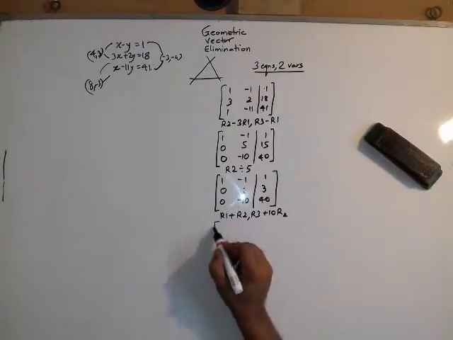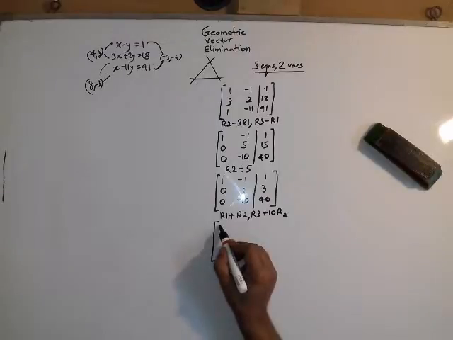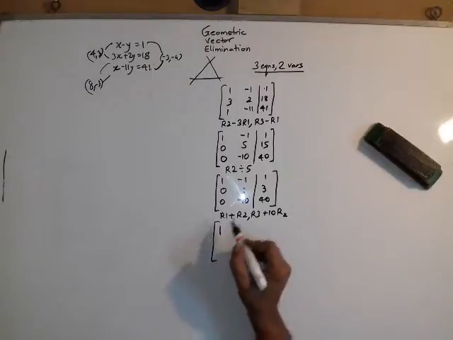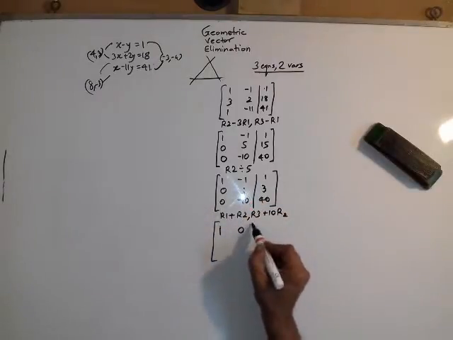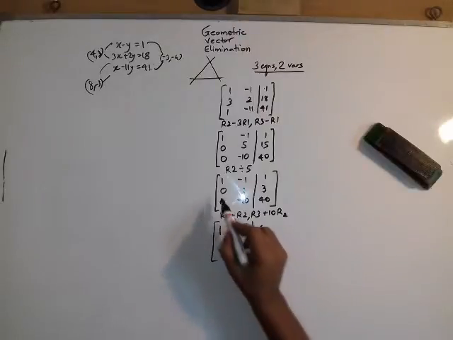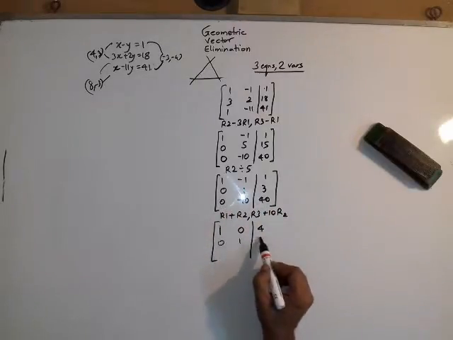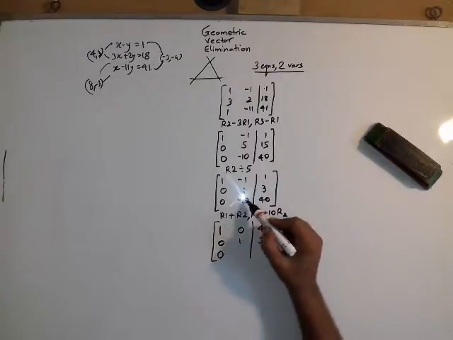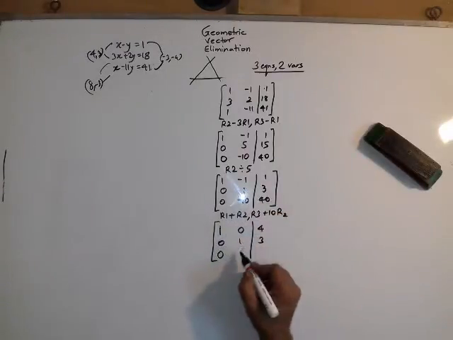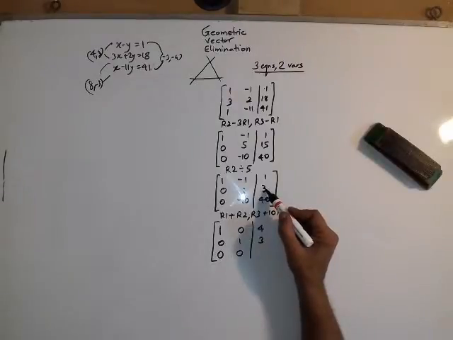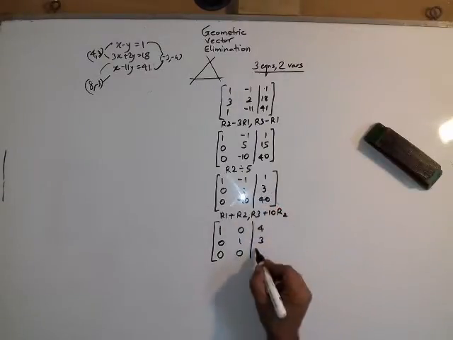Okay, so that takes me to R1 plus R2, we still end up with 1 here, minus 1 plus 1, that gives us a 0, 1 plus 3 gives us a 4, R2 stays as is, and let's look at what happens through R3. 0 minus 10 plus 10 times of 1 gives me 0, 40 plus 10 times of 3 gives me 70.